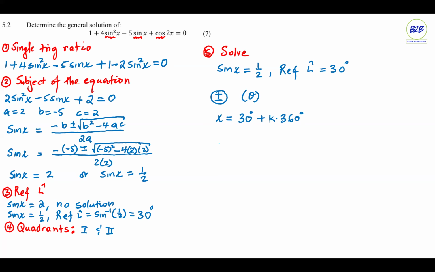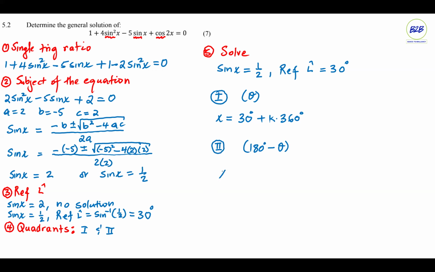Then to get the second solution, we will go to the second quadrant. We didn't just pick the second quadrant because we like it or we don't like it. We were guided by the selection of the quadrants. The reduction formula that we have within the second quadrant is 180 degrees minus theta. And remember what theta is, the reference angle. All right.